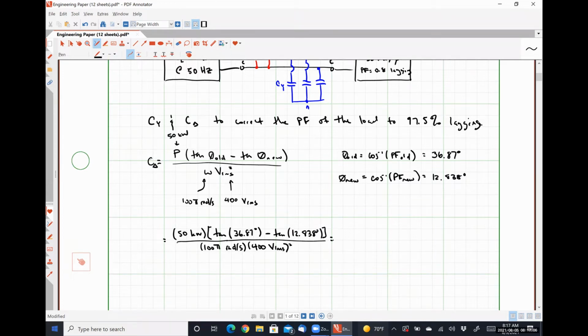And I get this to be 519.34 microfarads.